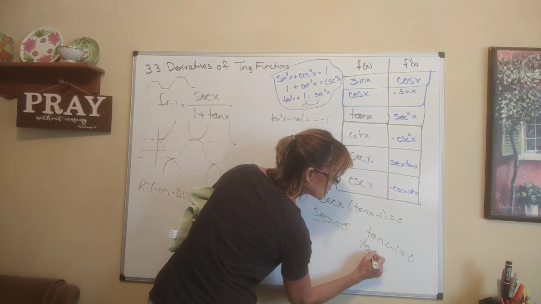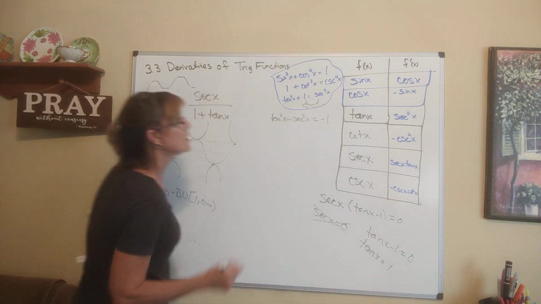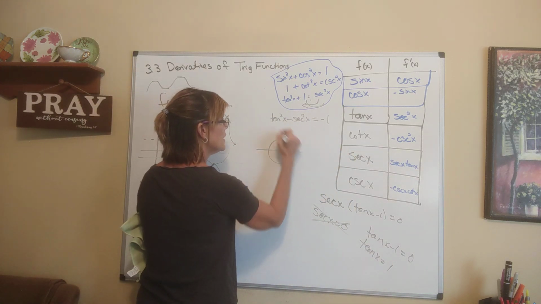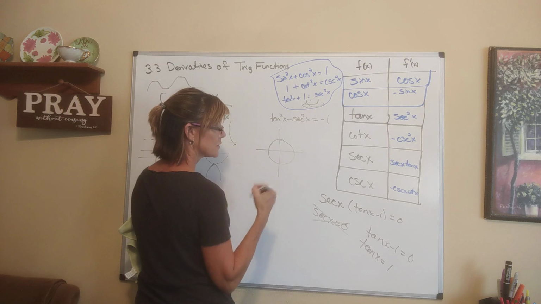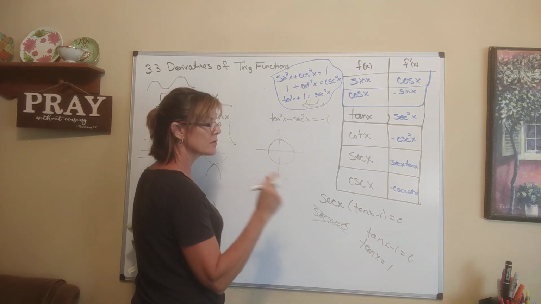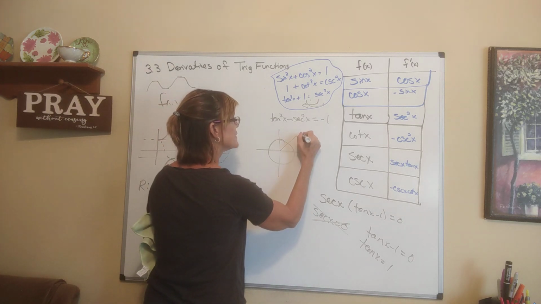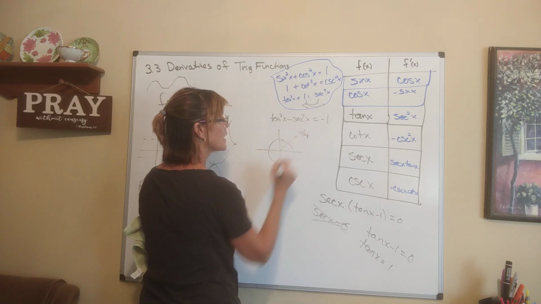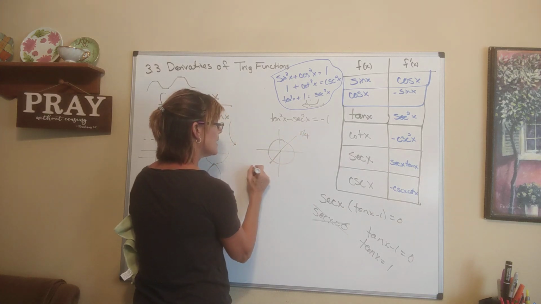So now we're down to this. When will the tangent of x equal 1? If you recall your unit circle, the tangent of x equals 1 when the cosine and the sine are the same value. And that happens at pi over 4, and also at 5 pi over 4.